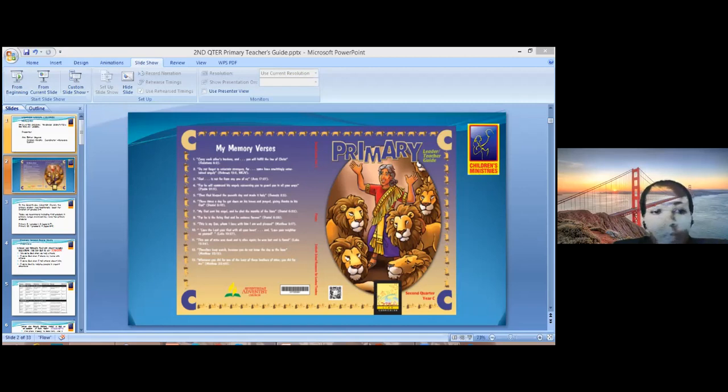The next lesson in May is Daniel prays, and the message says, I worship God when I give him first place in my life. So basically, we're teaching children how to worship their God.